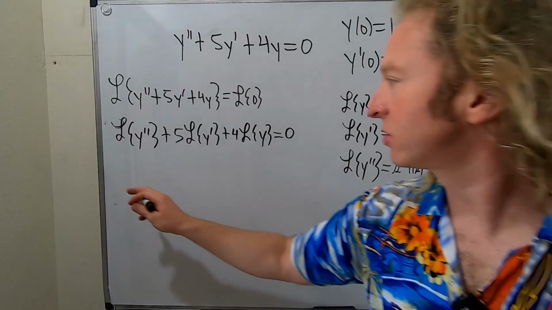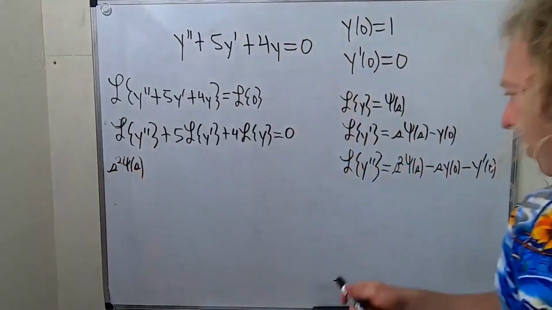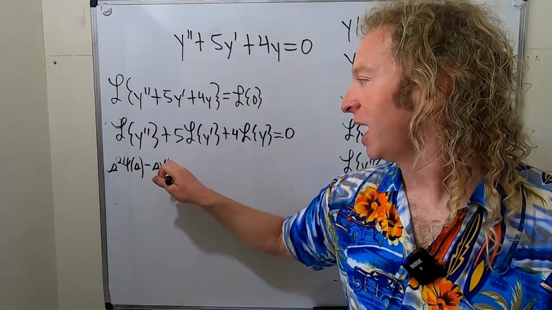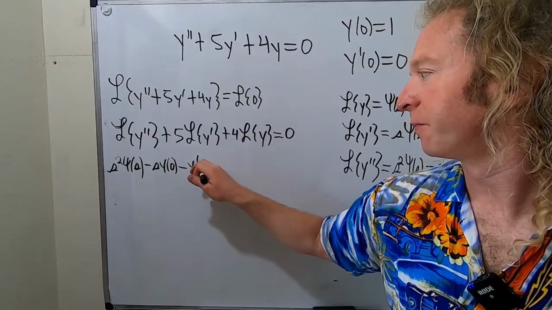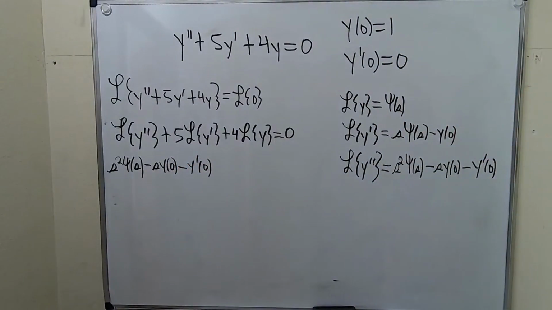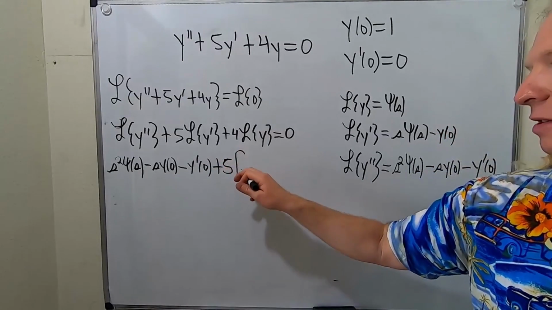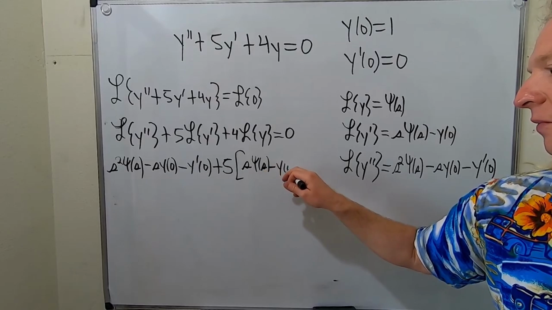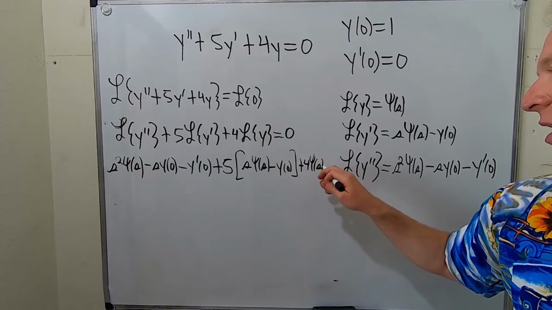So we have s squared ℒ{y}(s) minus s y of 0, and it ends in one less derivative, so minus y prime of 0. Then plus 5, and then we have s ℒ{y}(s) minus y of 0, and then plus 4 ℒ{y}(s), and that's equal to 0.